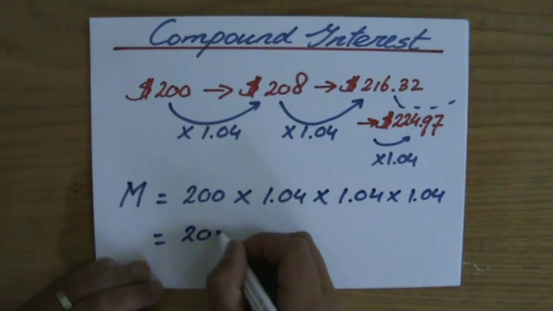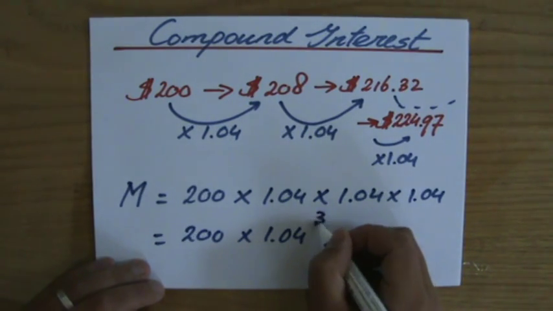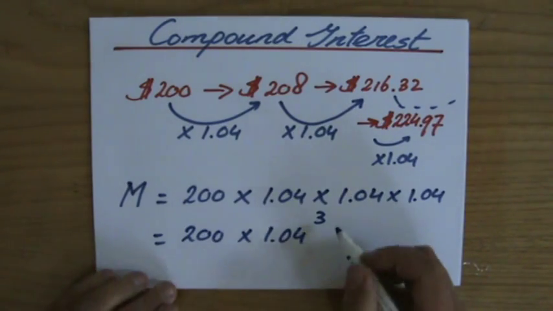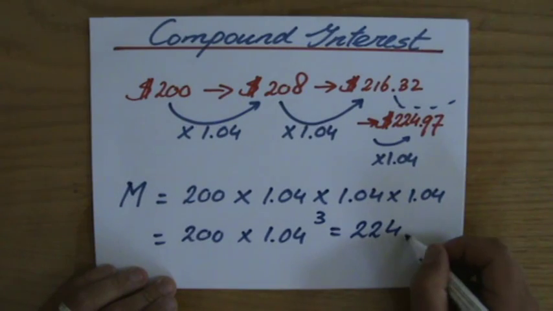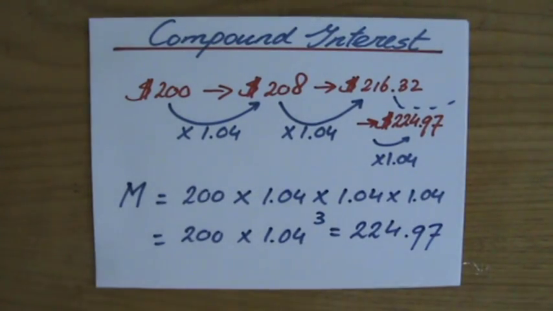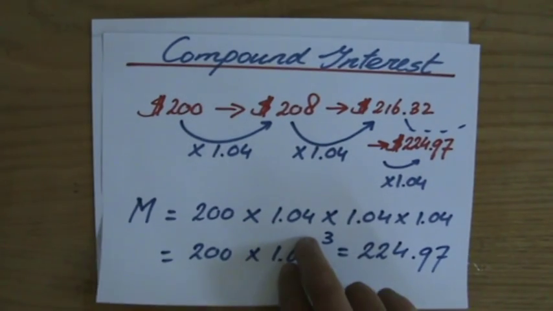So 200 times 1.04 to the power 3, and that will give me the answer straight away of $224.97.